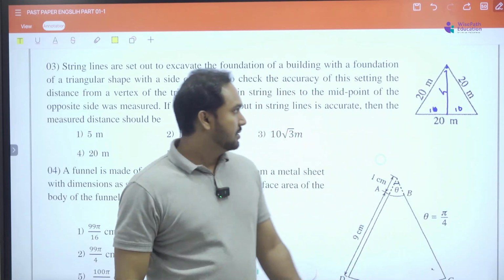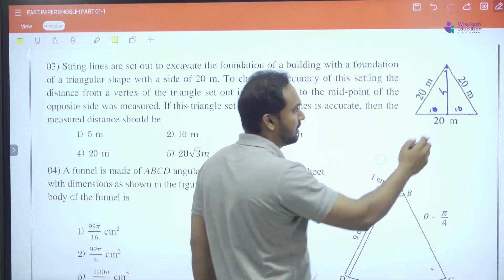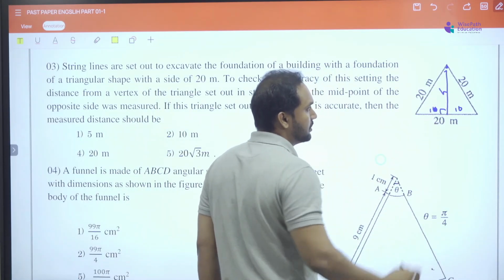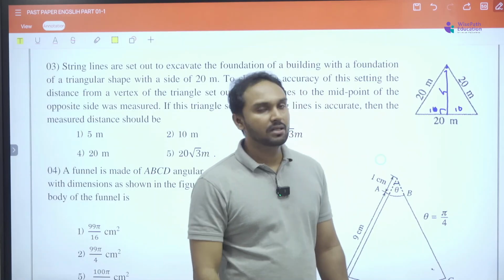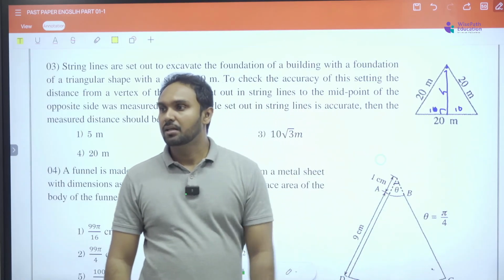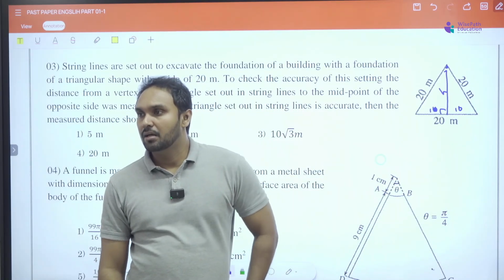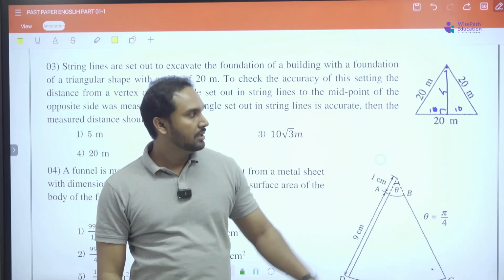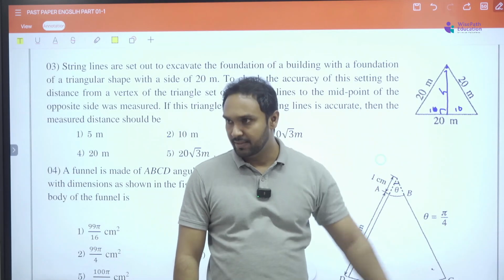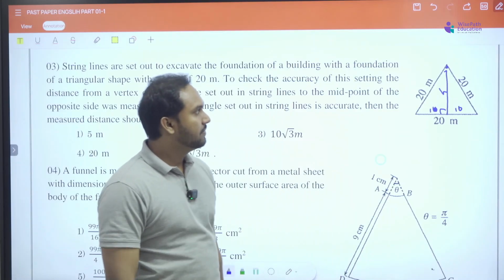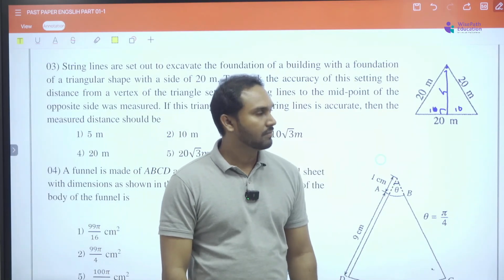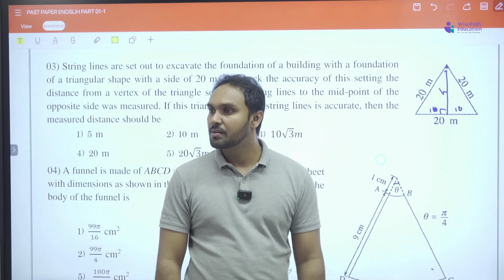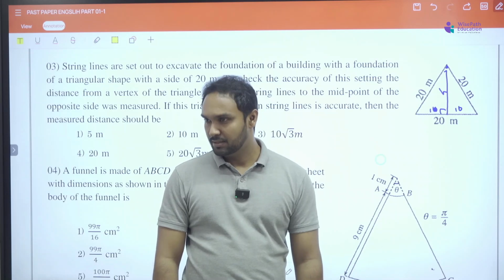So this is perpendicular, isn't it? If it goes through the midpoint from the vertex to the third side, it's an intersect, and it's perpendicular to this side as well, right? So how do you find the h now? Simple, right? You put Pythagoras, isn't it?